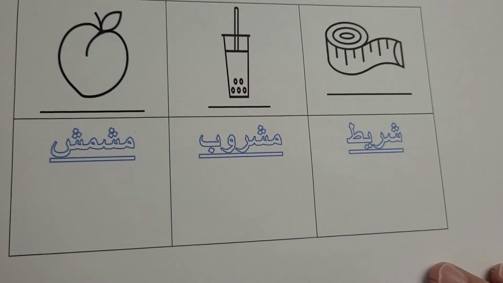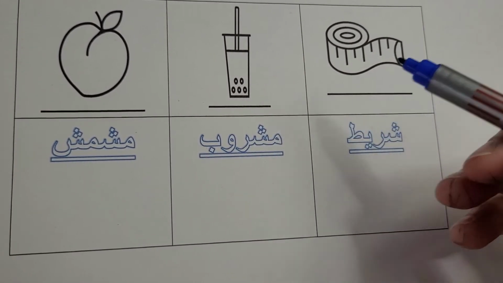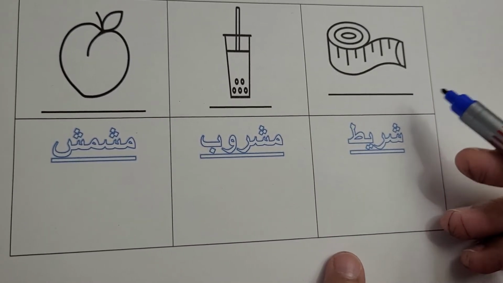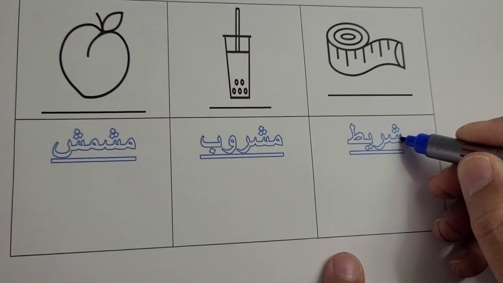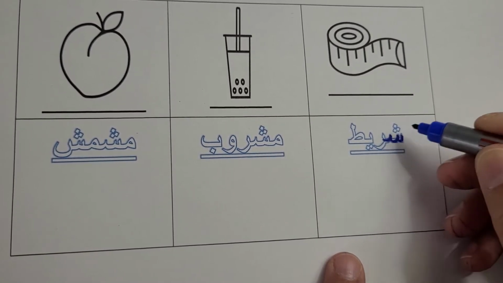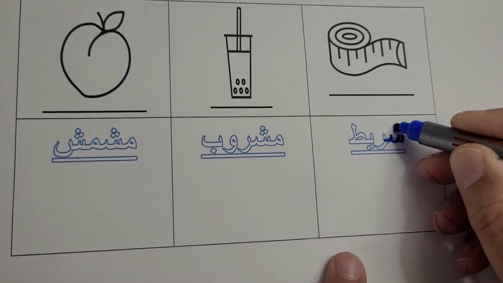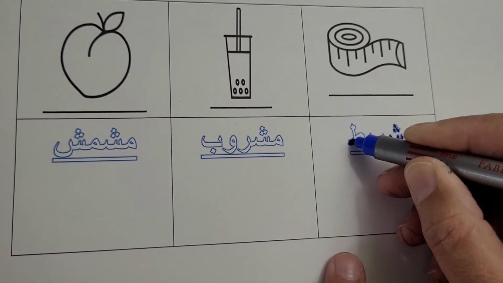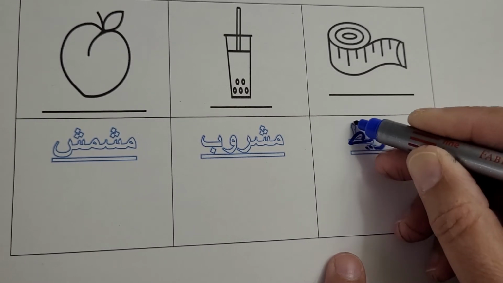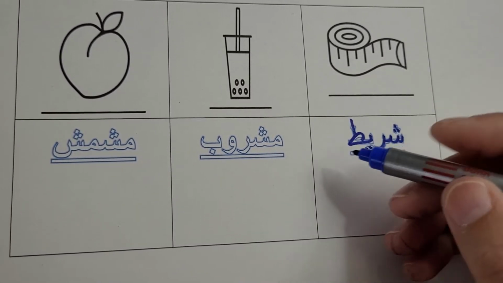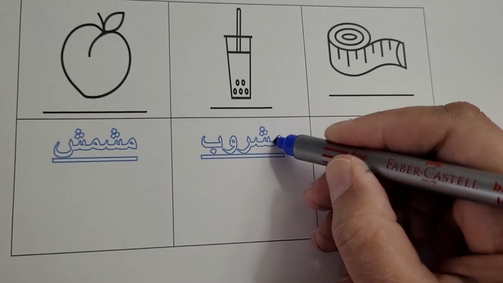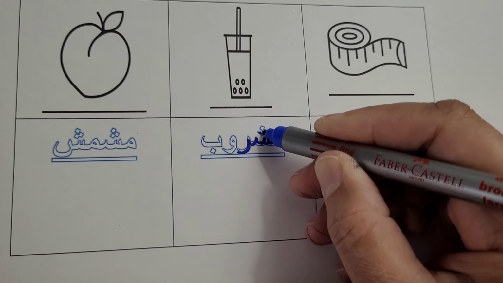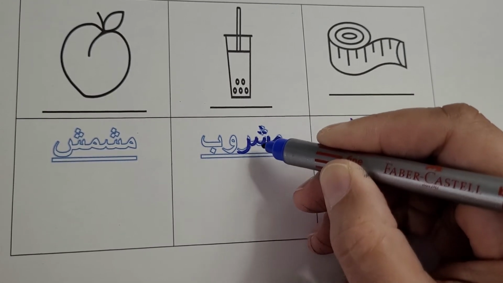Let's have some words. شريط, مشروب, مشمش. So this is شريط. In the beginning we have shin, with the 3 dots. And we have drink, مشروب. In the middle shin.